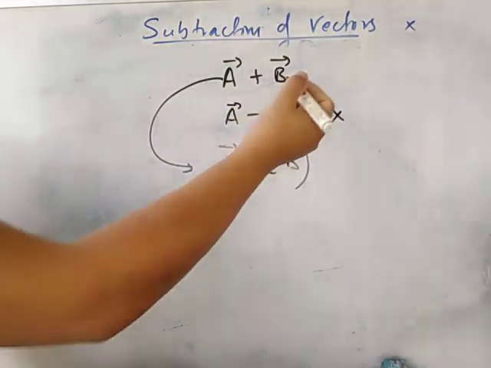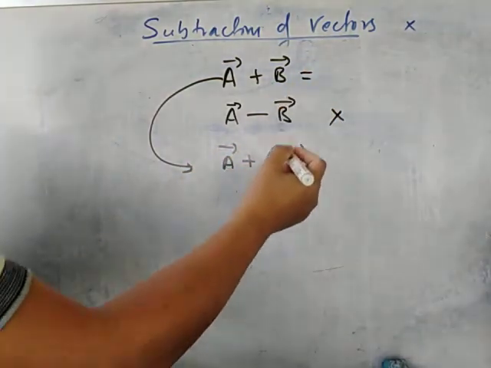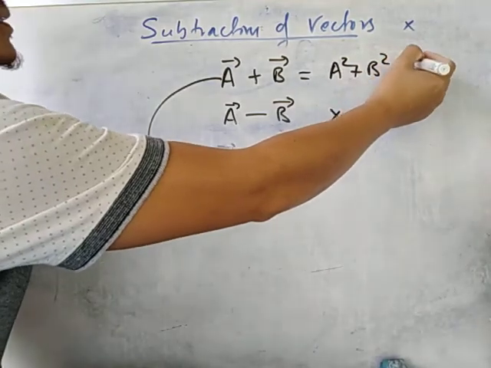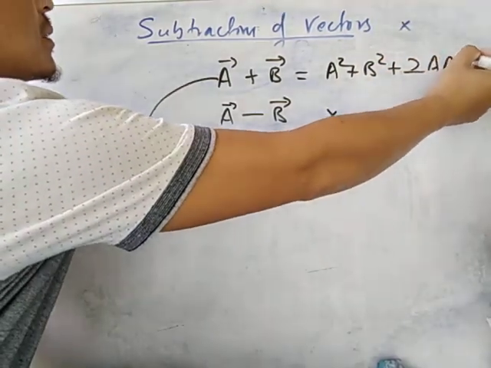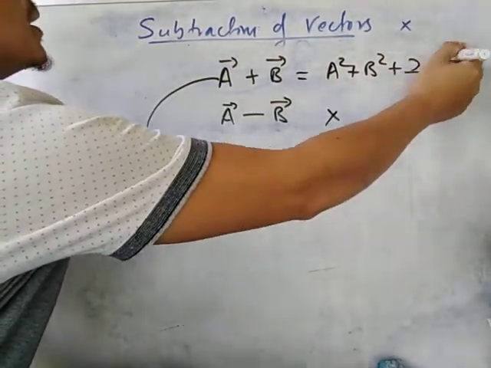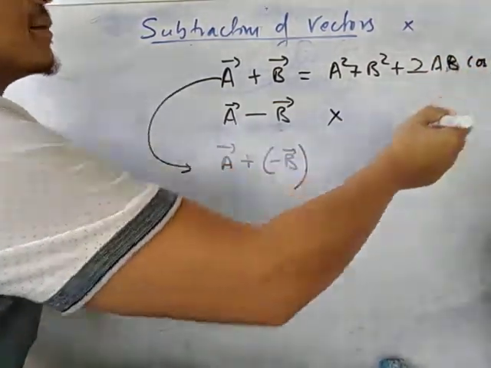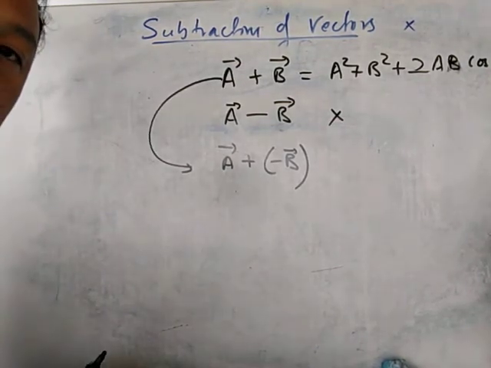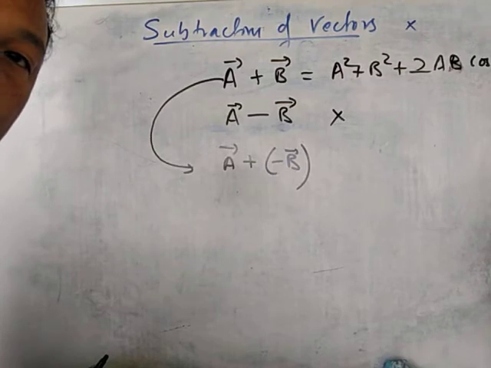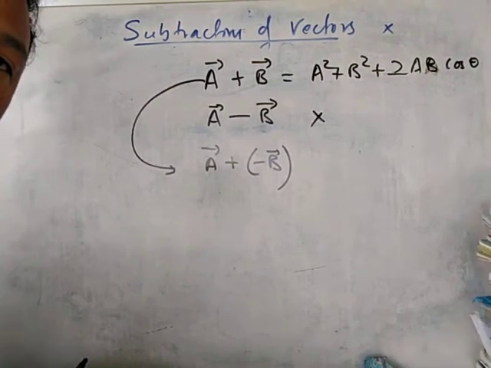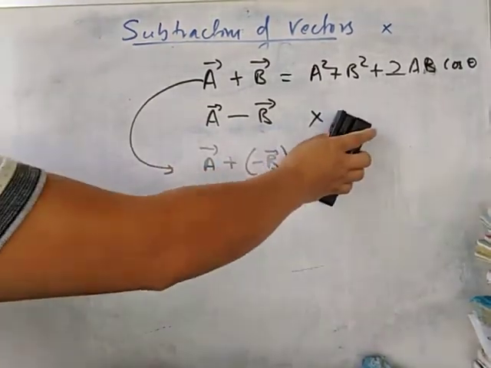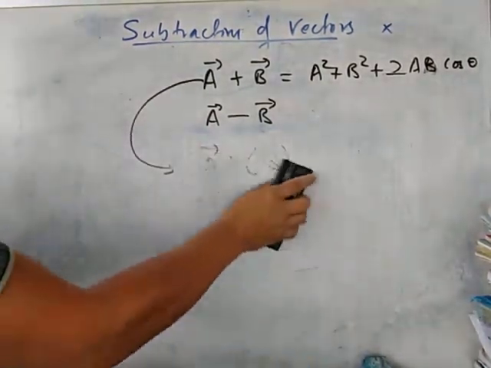So a plus b, magnitude squared, equals a square plus b square plus 2ab cos theta. If you remember this formula, we do the same. First let's understand the concept.